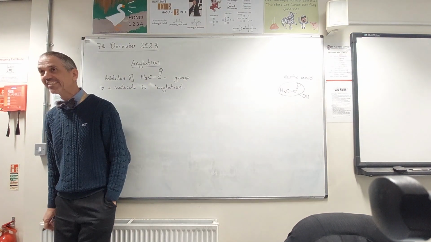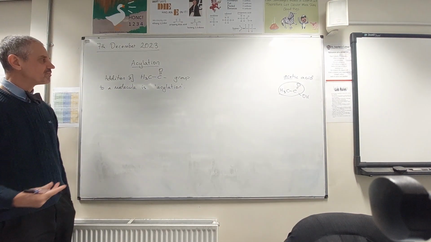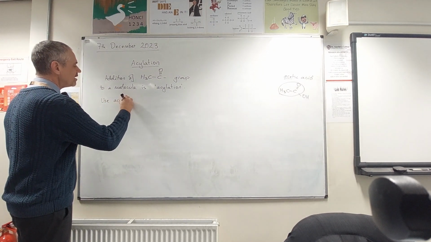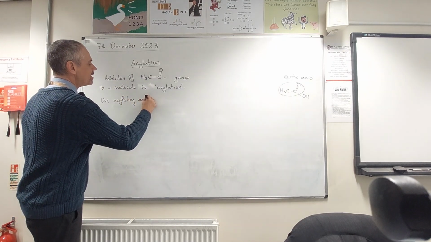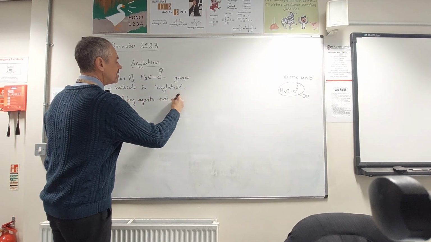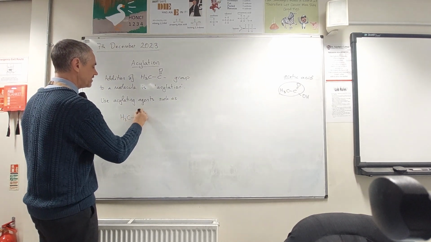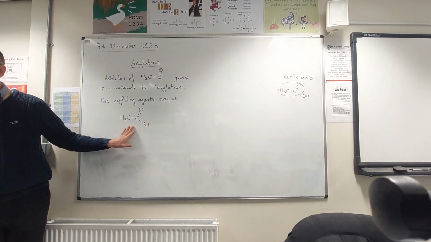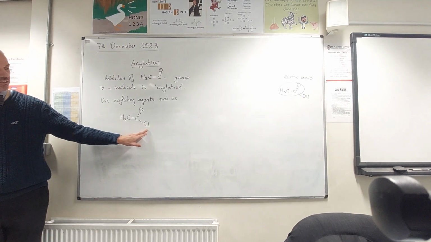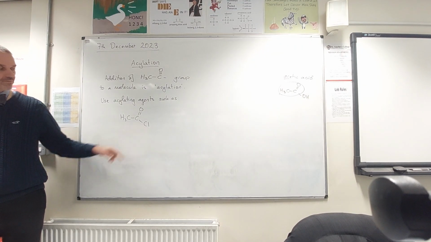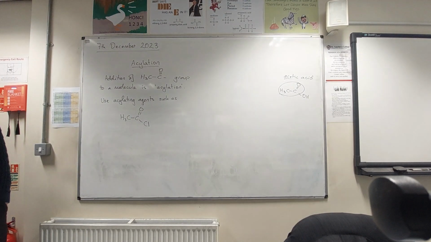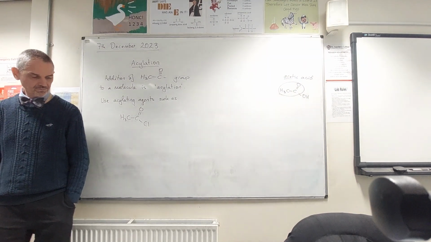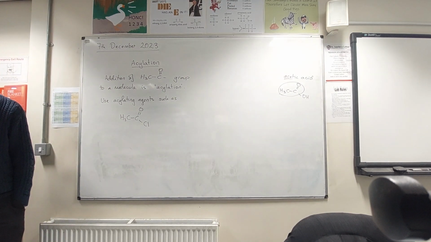Yeah, I'll talk about acylating agents later on, but the main one I'm going to use is this chappy. It looks very like ethanoic acid, except I've swapped the OH for a chlorine. So what would you call that?